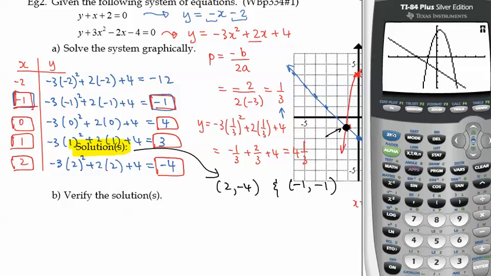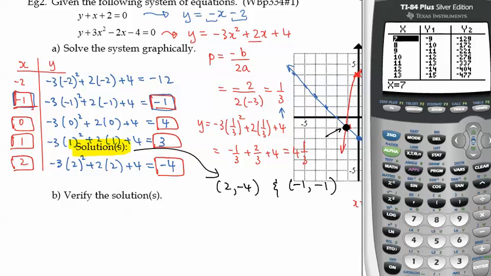If you go second and table, you will see the points on both lines. Plot these points on your graph so that you can find your solution.